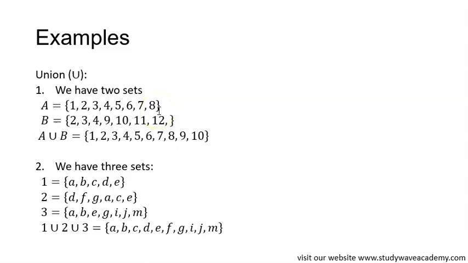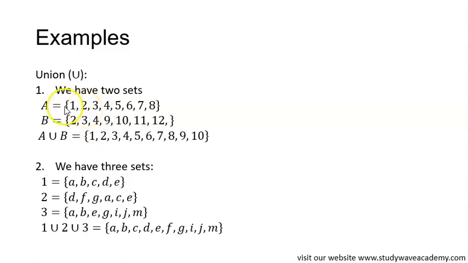So remember, the union of two sets includes all the elements from both sets without duplication. So we're going to be taking all the elements from both sets. The elements are the numbers inside the sets, inside the curly braces. So we're going to be taking all the numbers inside both sets, but without duplication now.